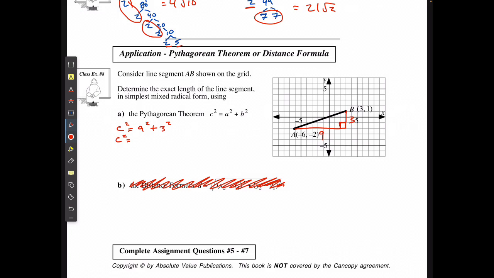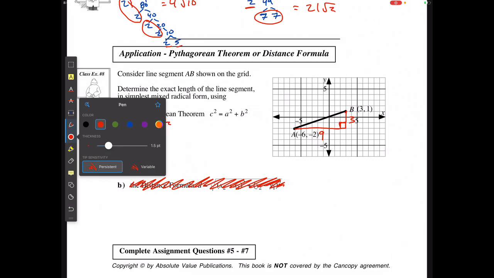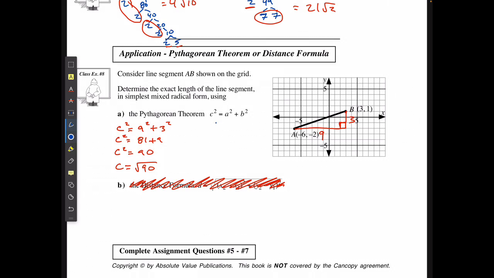c squared is going to equal 81 plus 9, or c squared is going to equal 90, which means that c would be the square root of 90. Now I just need to simplify the square root of 90. So I'm going to say that if I have 90, it's going to break up into 2 and 45.